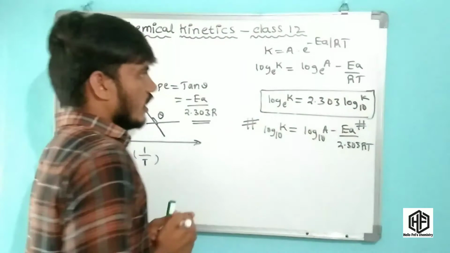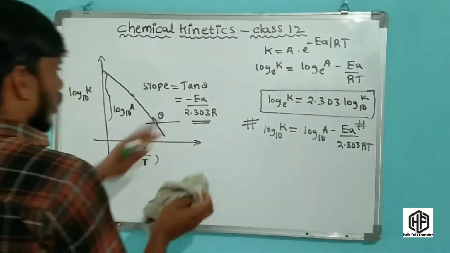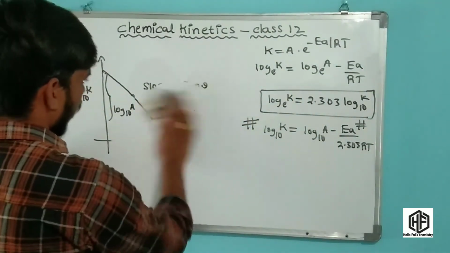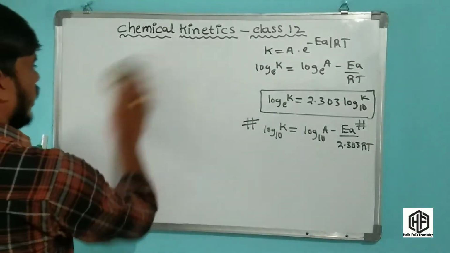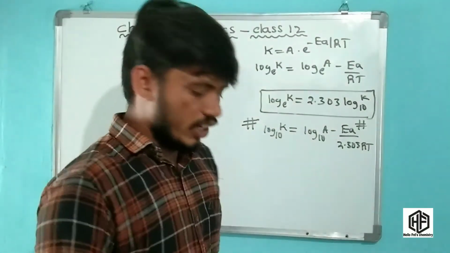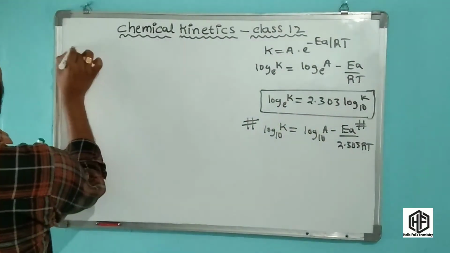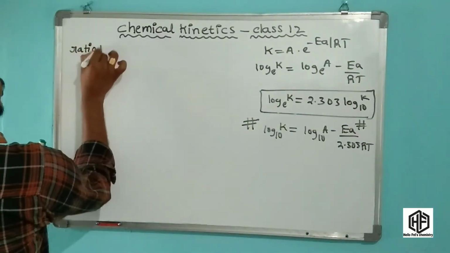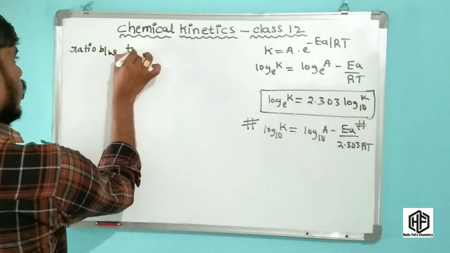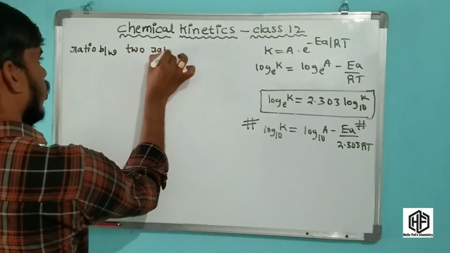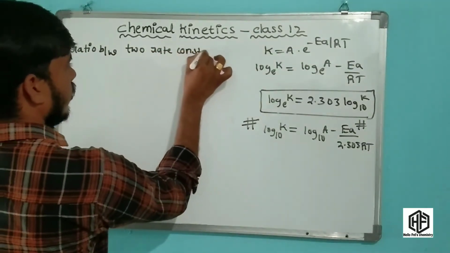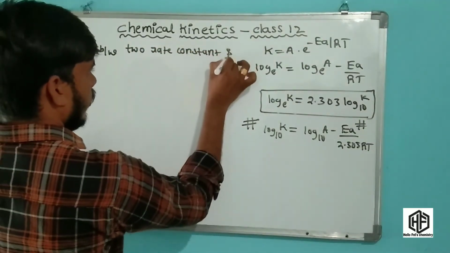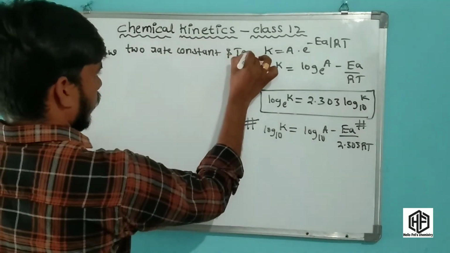Now one more important equation from the Arrhenius equation is the ratio between two rate constants versus temperature.